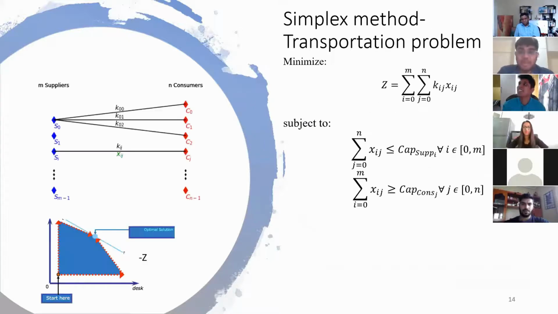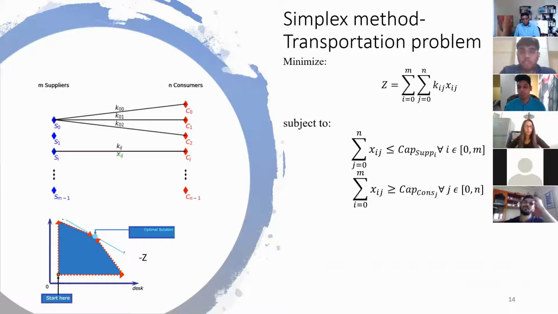So the Simplex method is a linear programming tool to find the optimal solution of a linear program. A linear program is a problem defined by a linear objective function subject to linear constraints.